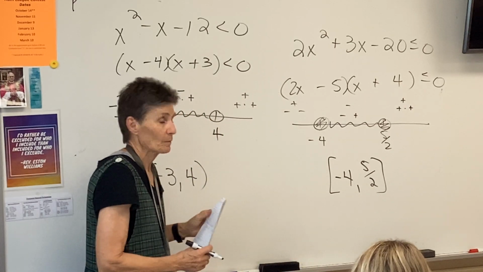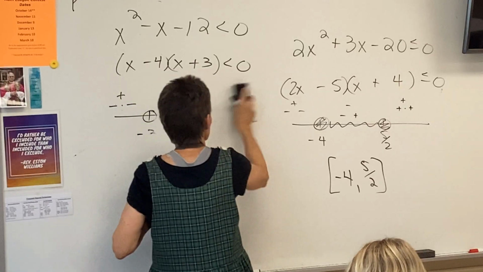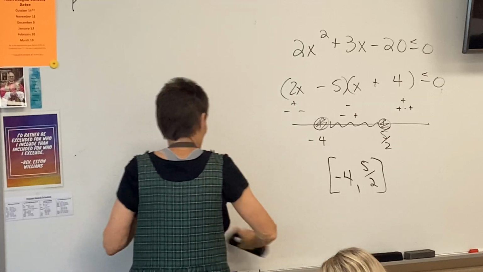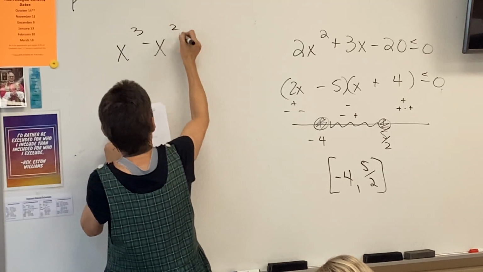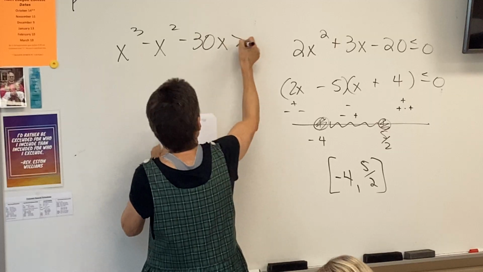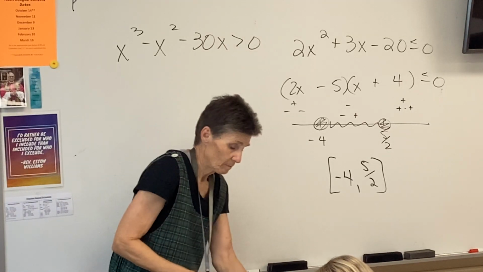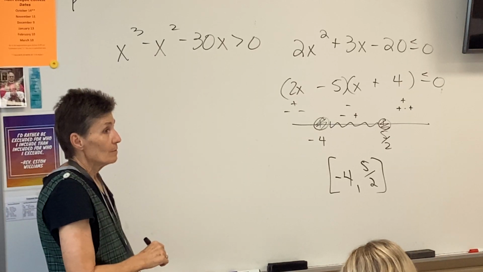Everybody okay? All right, now we're moving on, letter F. And then I need to do a problem from your homework. So let's get letter F done. This is a cube.